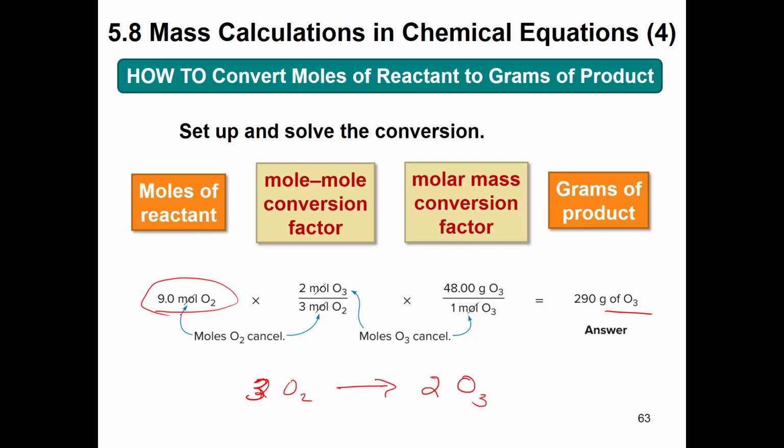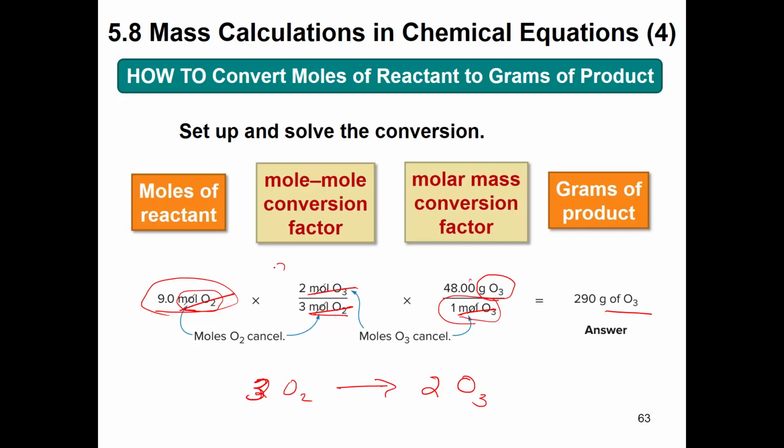All right, so I've got moles of O2, so moles of O2 is going to have to go down here. So for every 2 moles of O3, there's 3 moles of O2. So then that cancels my moles of O2. And now I'm at moles of O3, and I want to know how many grams of O3. So moles of O3 will go on the bottom with that conversion, so I can cancel moles of O3, and I'll be left with grams of O3.